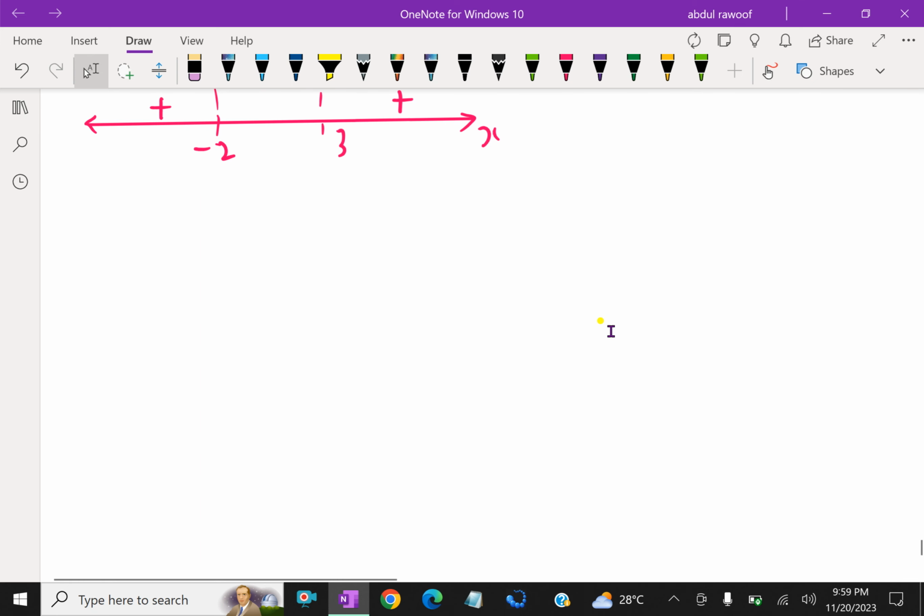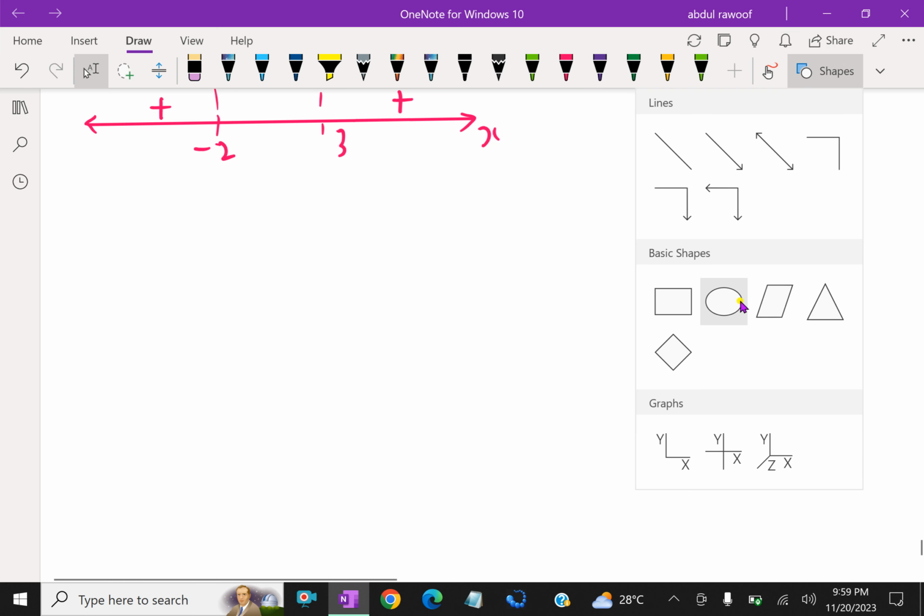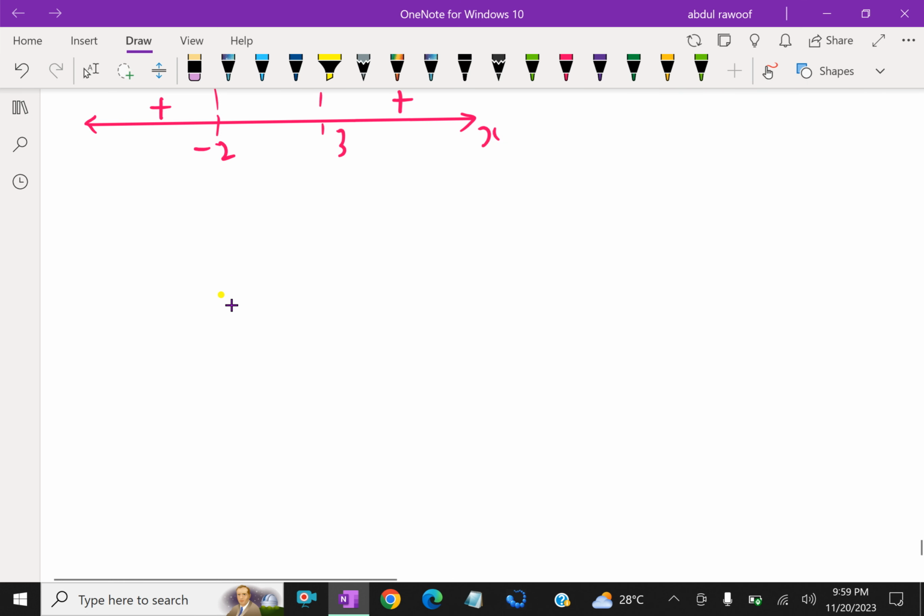We can do one more graph. Look at this. Suppose this graph is like this.